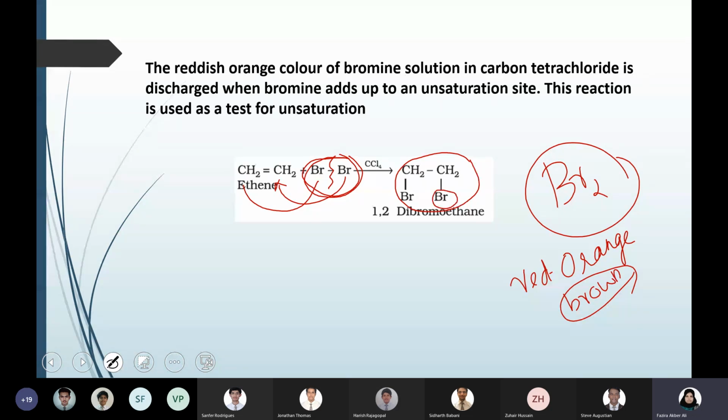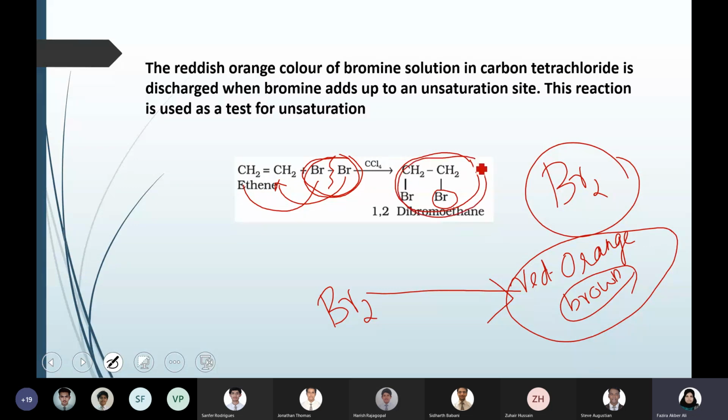That means the orange-red color of the bromine will disappear once it loses its identity. Its identity is as the Br2 molecule, which is when it shows a red-orange color. But when this bromine is added across the double bond, it is part of an organic compound, not an individual molecule or element.